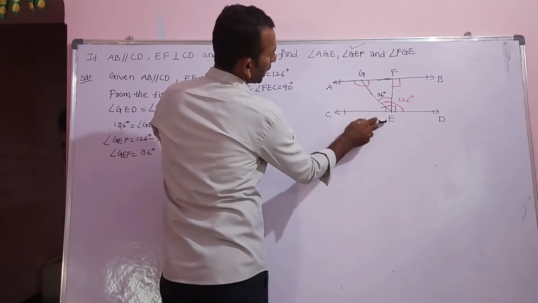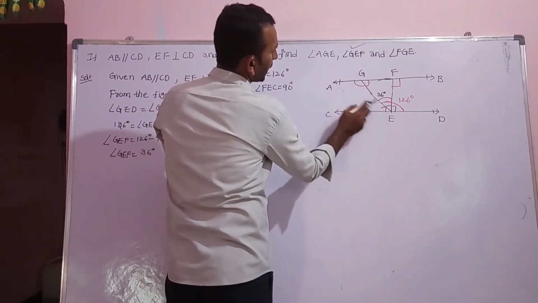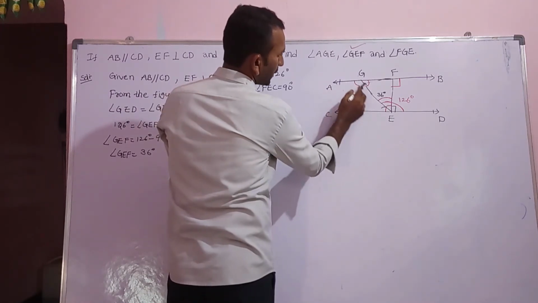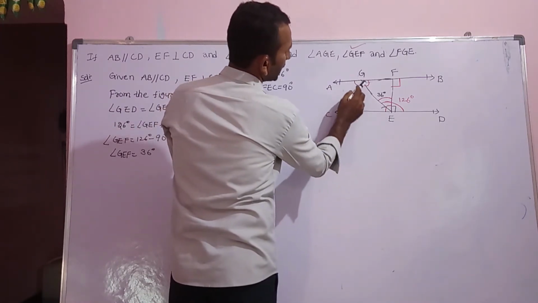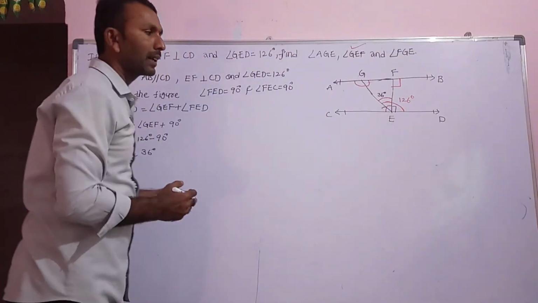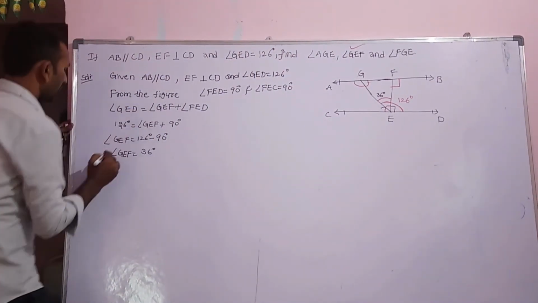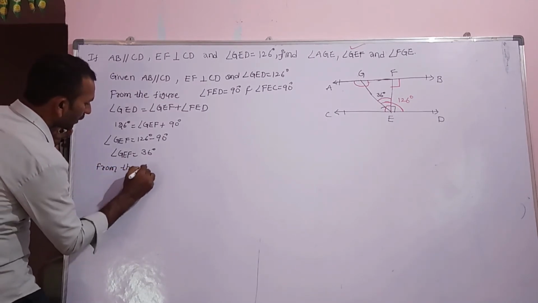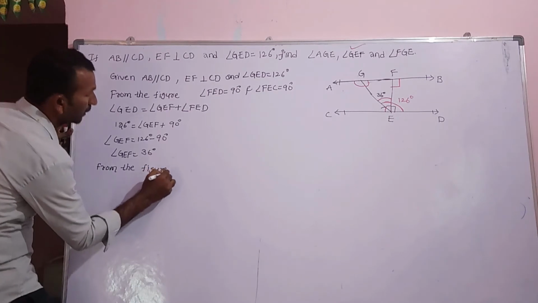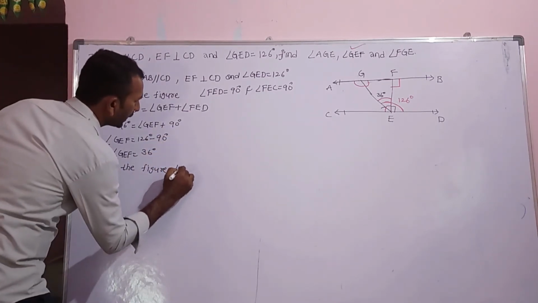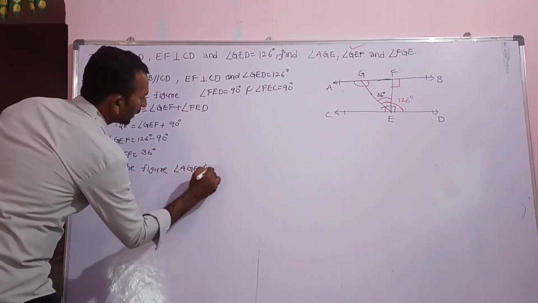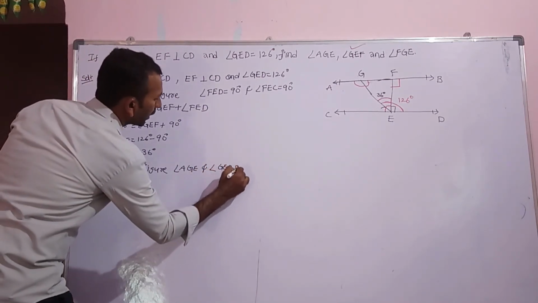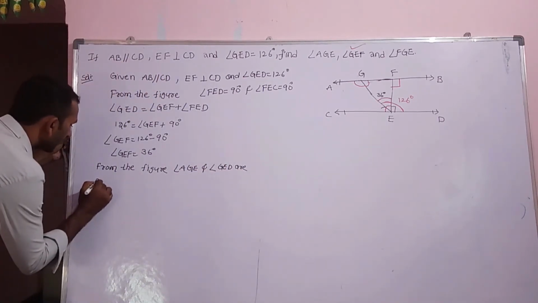If these two lines are parallel lines and this is a transversal line, then angle AGE and angle GED are both alternate interior angles.